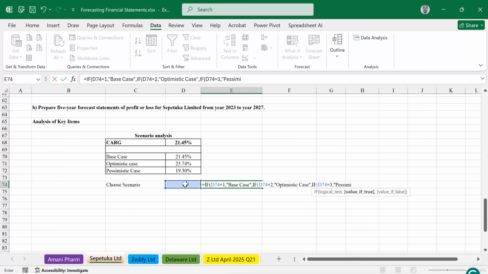Close the quotation and close with three brackets, and enter.